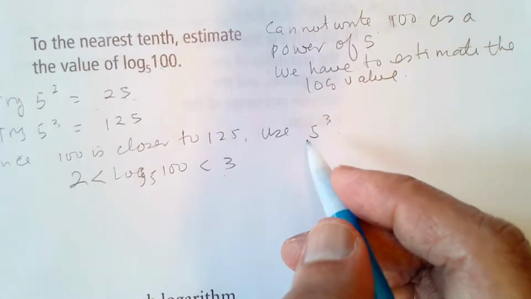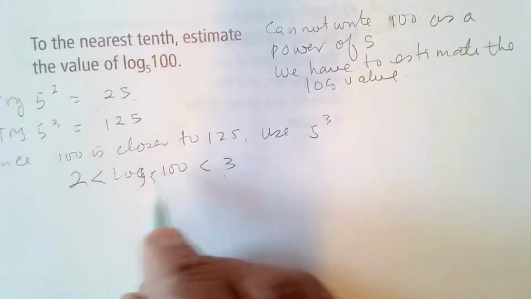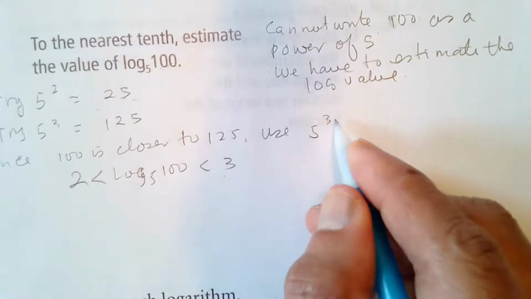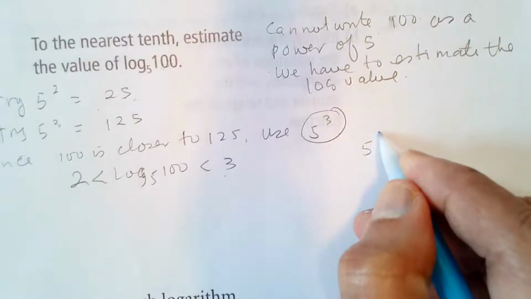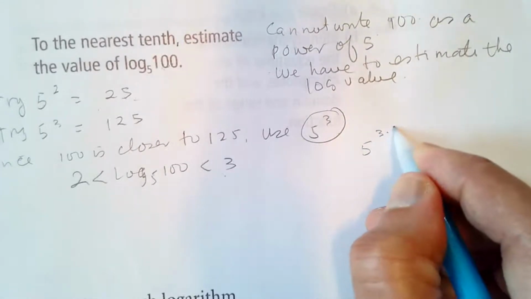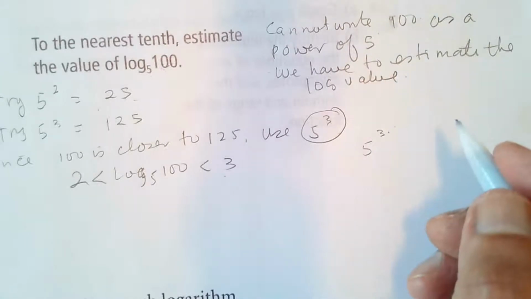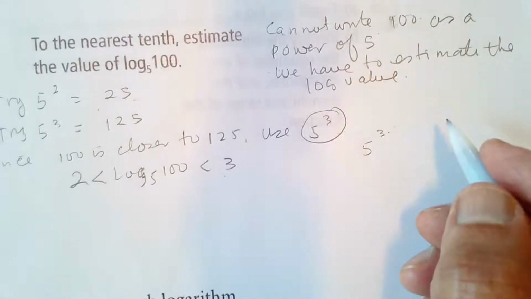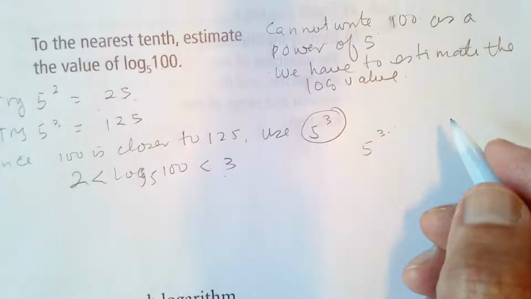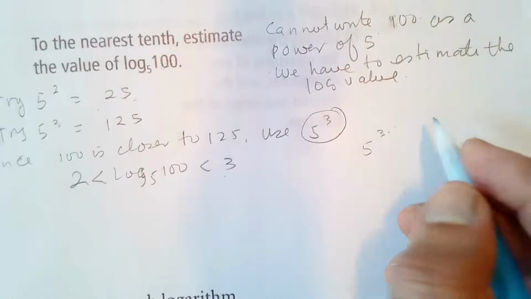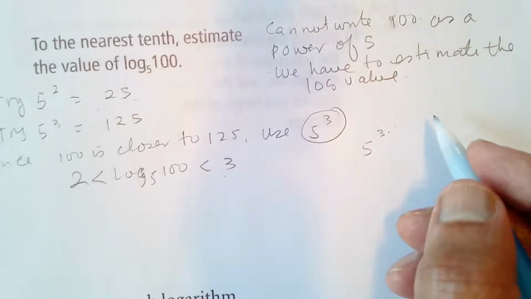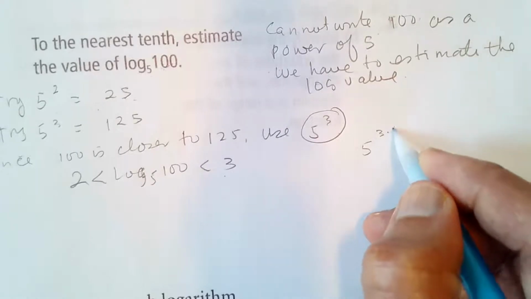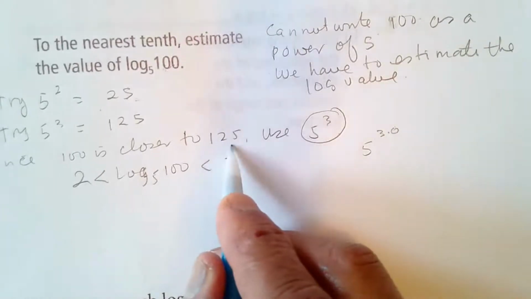So what we do now, we're going to try 5 to the power 3.3. Now this will give us way above 125, so that will not work.